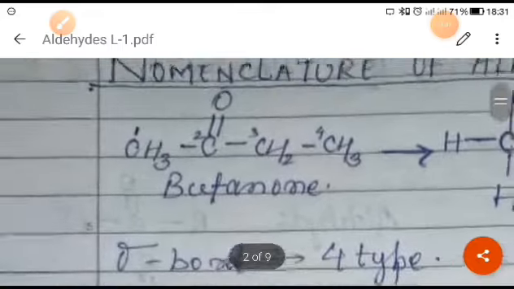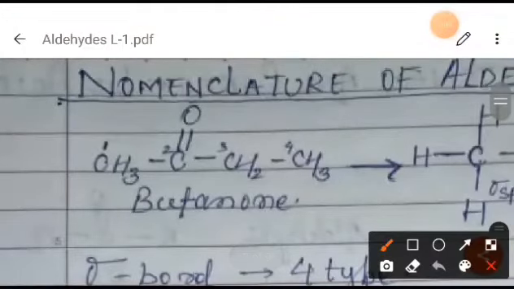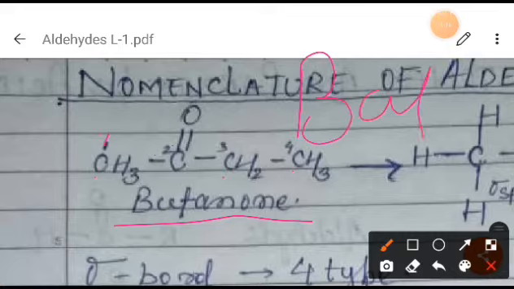When we take this example, the numbering should be from this side: 1, 2, 3 and 4. What will be the name of this? How many carbons? 1, 2, 3 and 4 carbons, which means butane. But in the second position you see the ketone, right? So what will we write?